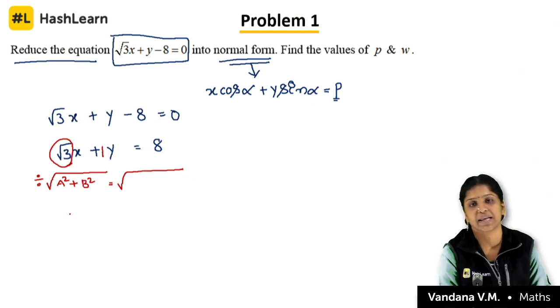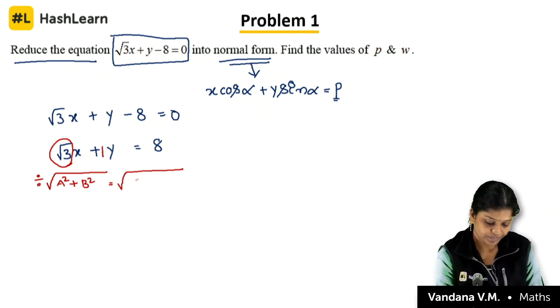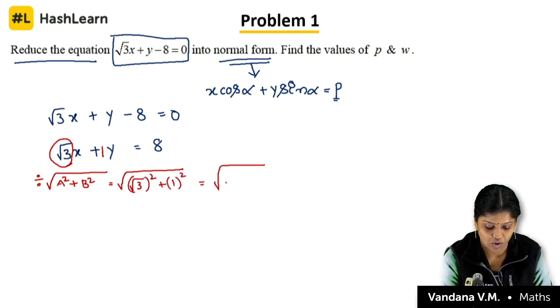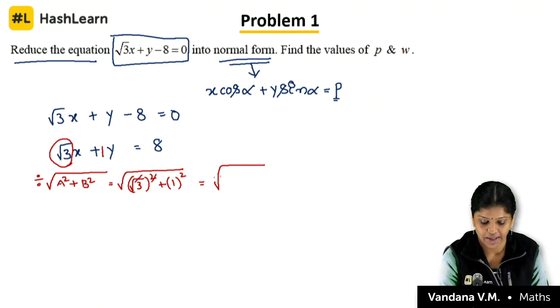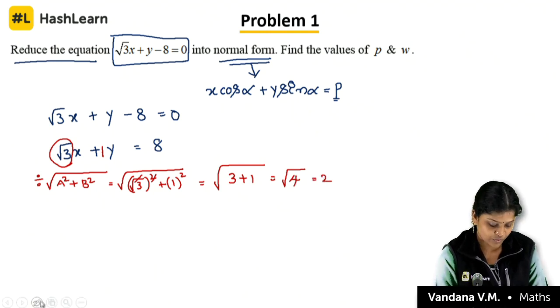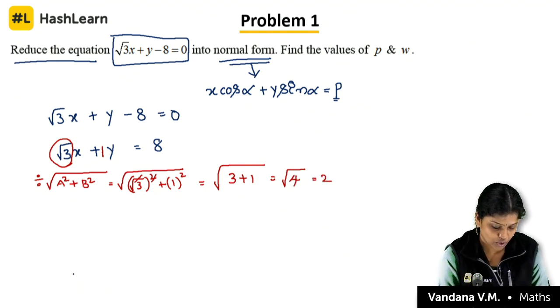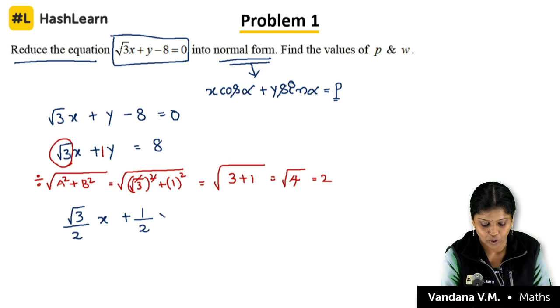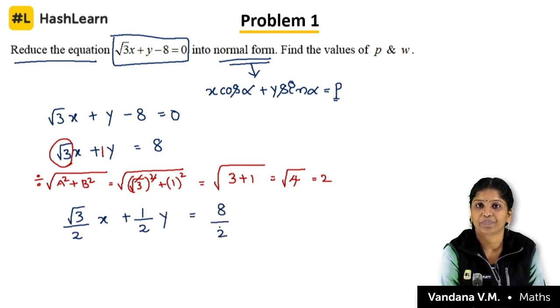If nothing is there, take that as 1. Root 3 whole square plus 1 square. The root and square of 3 will cancel, that is 3 plus 1, that is root 4, which is 2. So with what do I have to divide? With 2 I have to divide. Root 3 by 2 into x plus 1 by 2 into y is equal to 8 by 2.